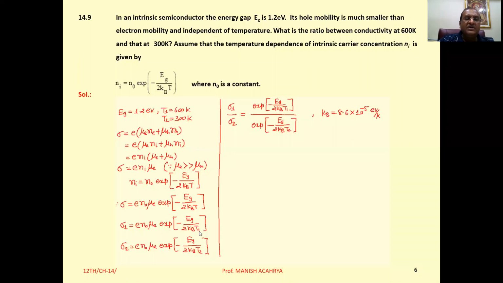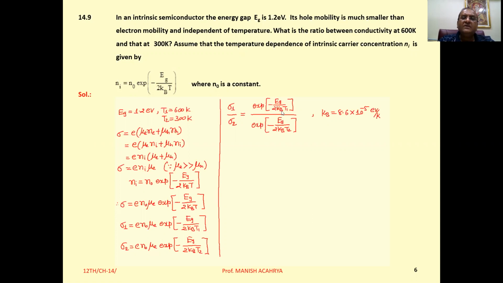So at temperature T1 you can write conductivity sigma 1 by this equation e N0 mu e exponential minus Eg upon 2 kBT1. For another temperature T2, you can write the equation for the conductivity sigma 2, that is e N0 mu e exponential minus Eg upon 2 kBT2. Now we have to find the ratio of these two conductivities, sigma 1 to sigma 2. So e N0 mu e will be cancelled.